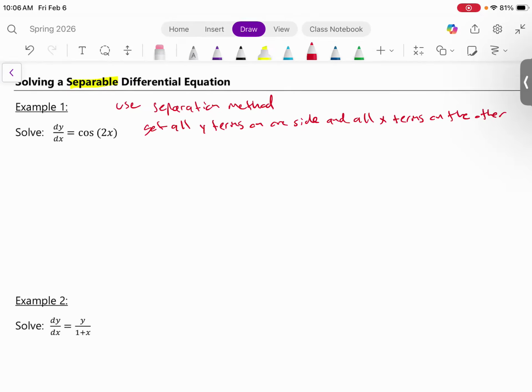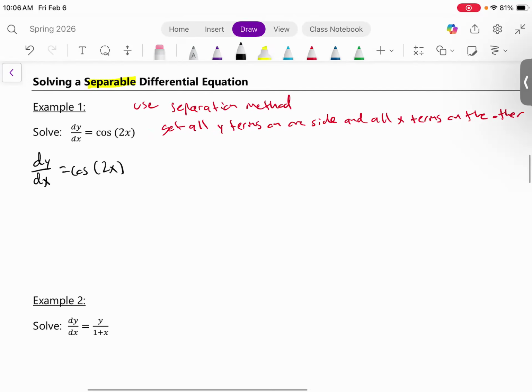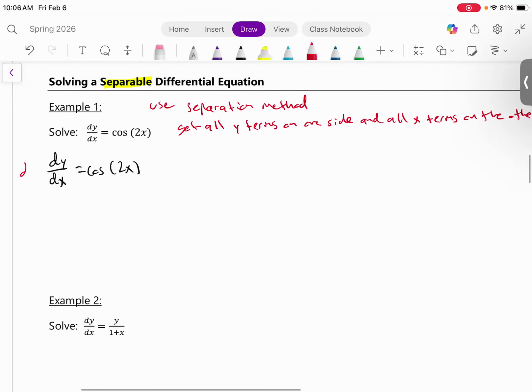So one way I would do that, let me just rewrite this differential equation to give us a little more space. I want to get all my x terms on one side, all my y terms on the other. So I'm going to multiply both sides by dx.